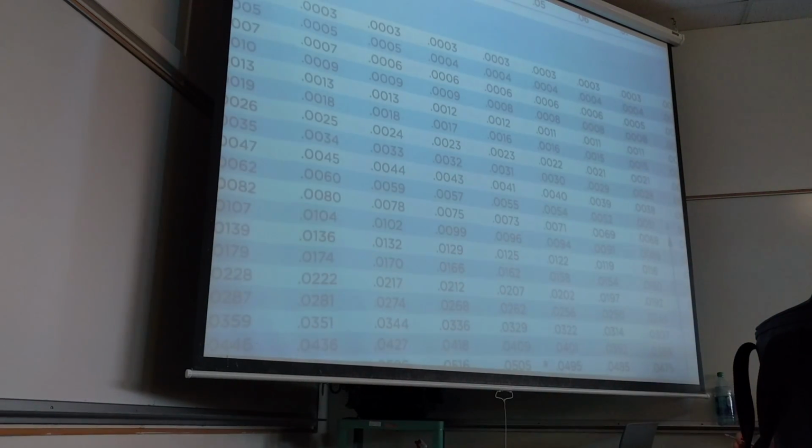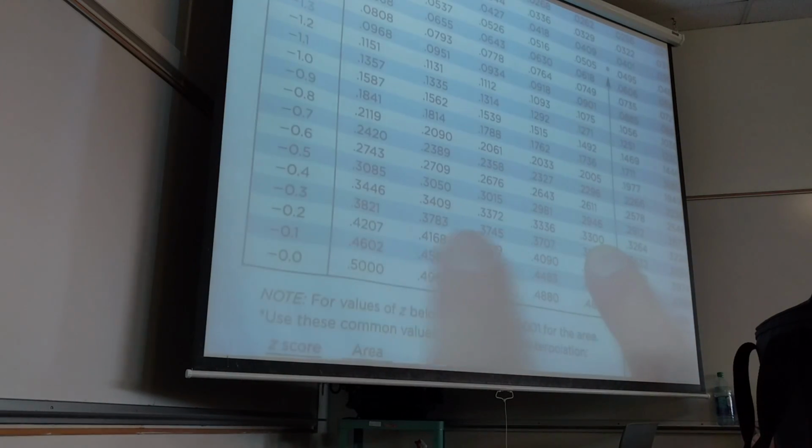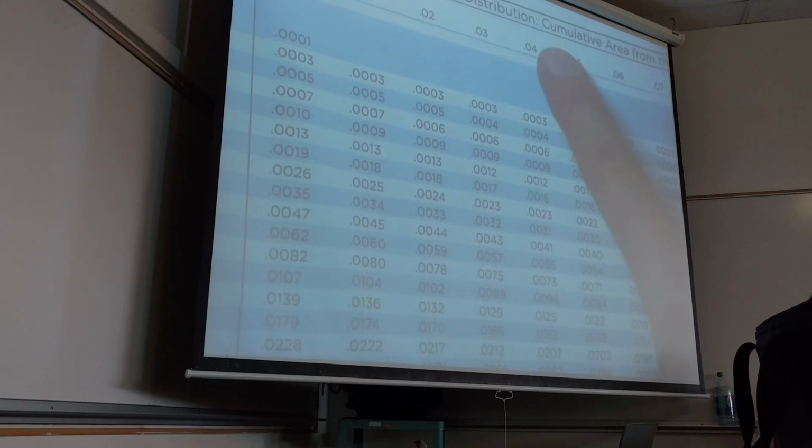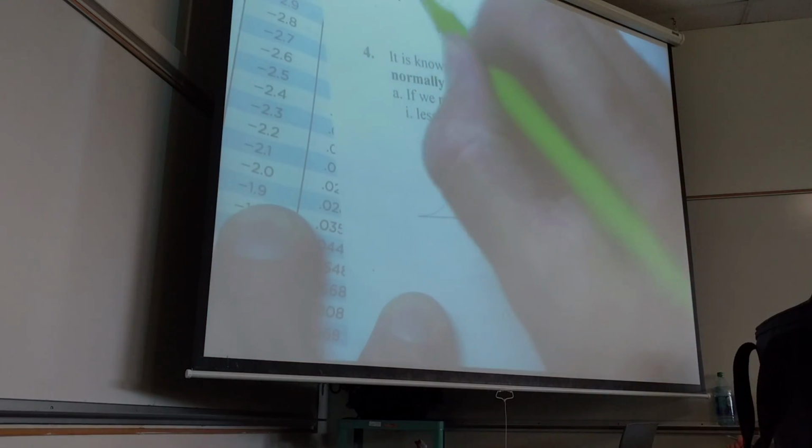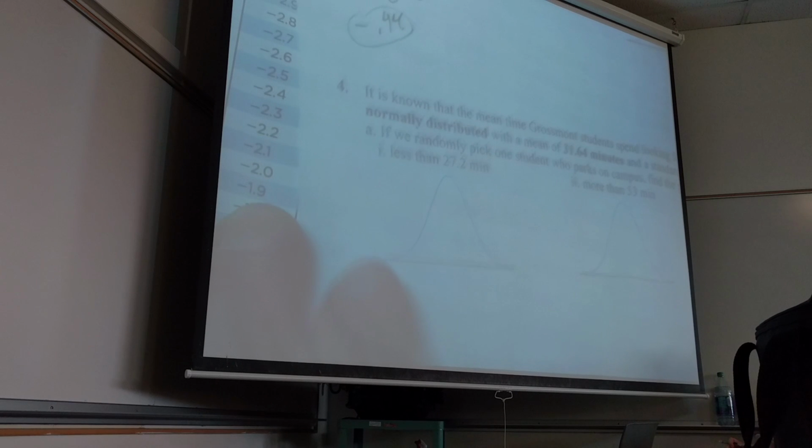I know it's a negative z-score because it's below the mean. I get 0.33 right there. And if I look out, I see negative 0.44. So that's the z-score. That would be the 33rd percentile. So if you got a z-score of negative 0.44 on a test, you are in the 33rd percentile if they're normally distributed.